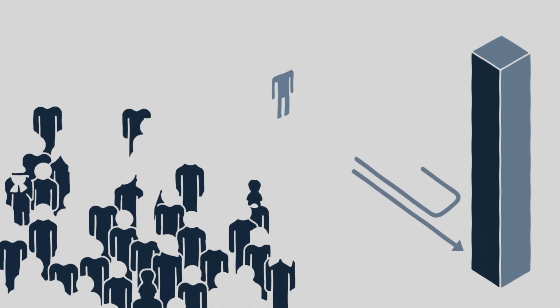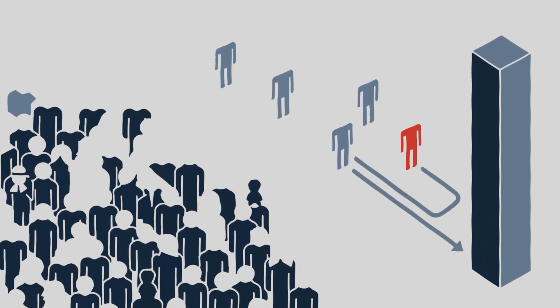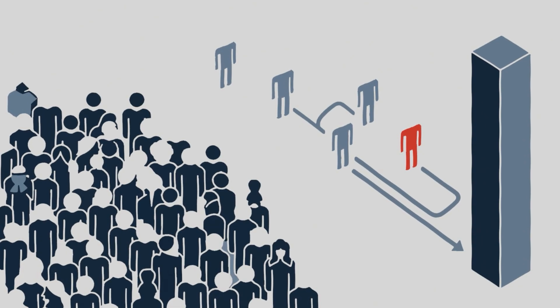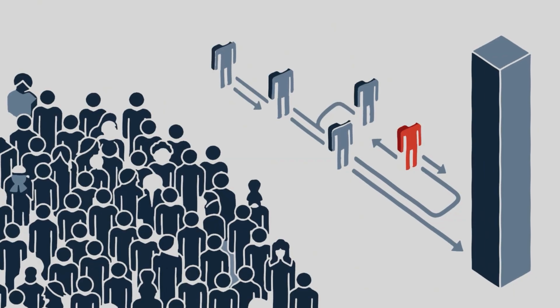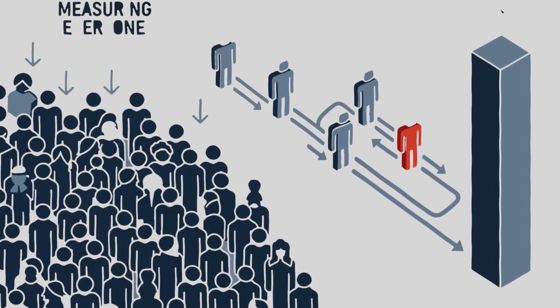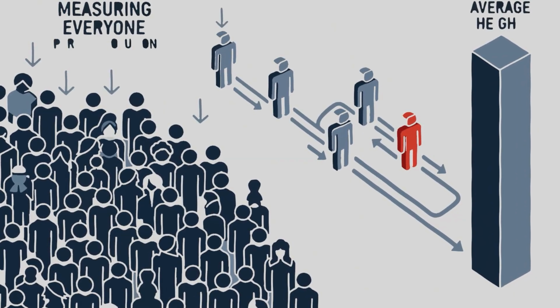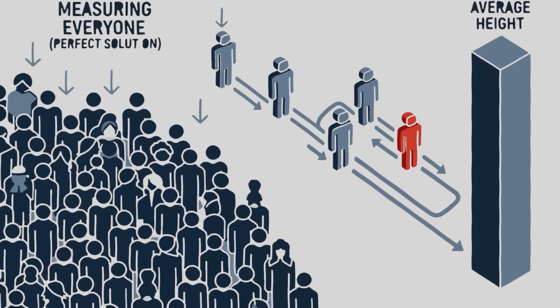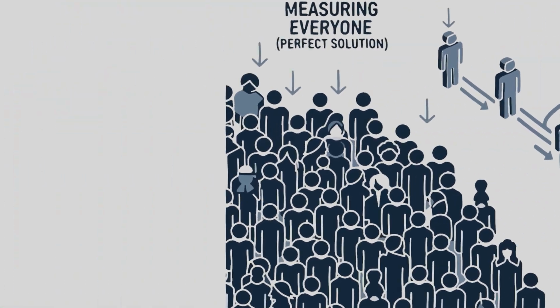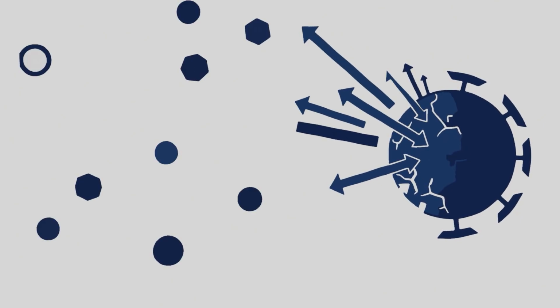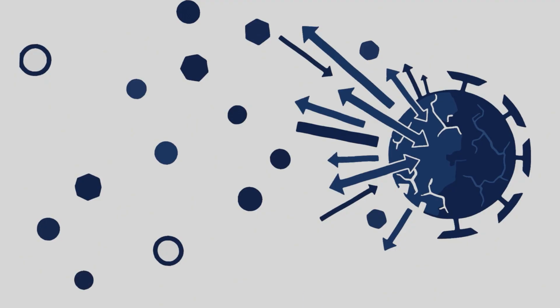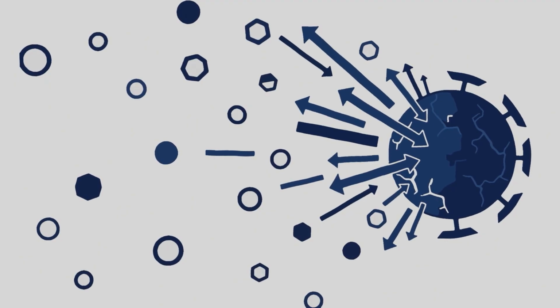Here's a simple way to think about it. Imagine you want to know the average height of everyone in your country. You could try to measure every single person. That's the perfect solution. Or you could go outside, randomly measure a few hundred people, and average their heights. That average won't be perfect, but it will be close. And if your random picks are truly random and you take enough of them, your average becomes extremely accurate.